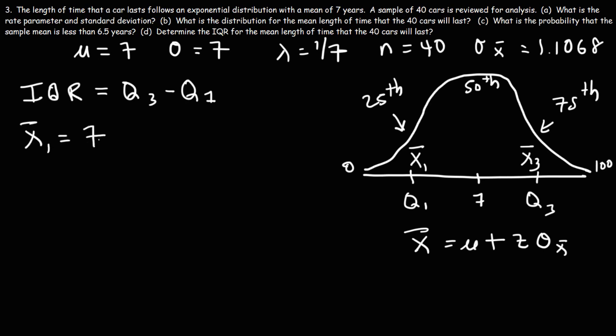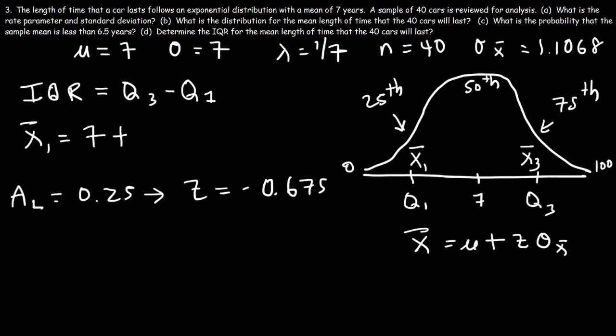The mean is 7. We don't know what the z-score is, so we've got to calculate z1. The area that corresponds to the 25th percentile is 0.25. So using the negative z table, an area of 0.25 is going to have a z-score of approximately negative 0.675.